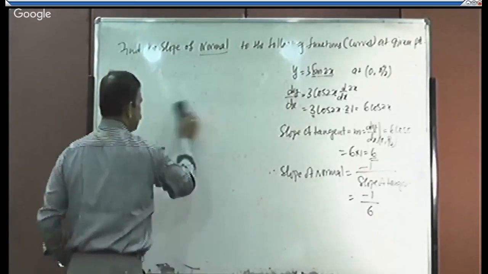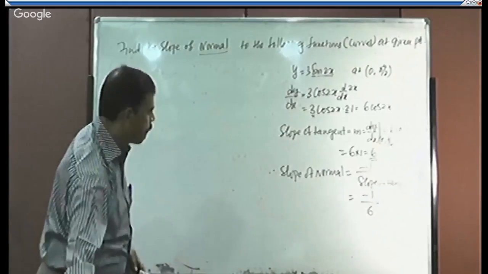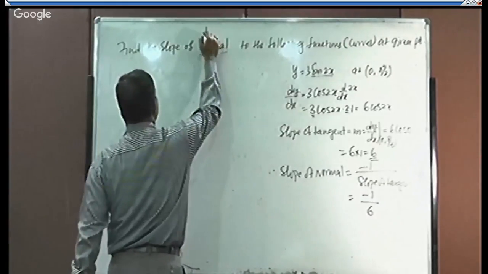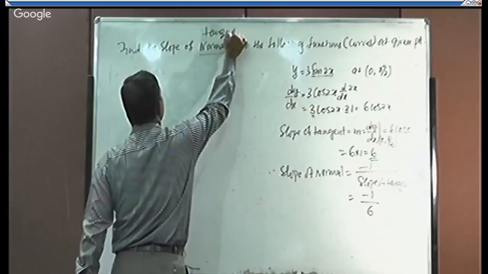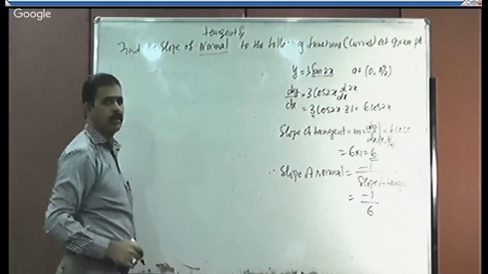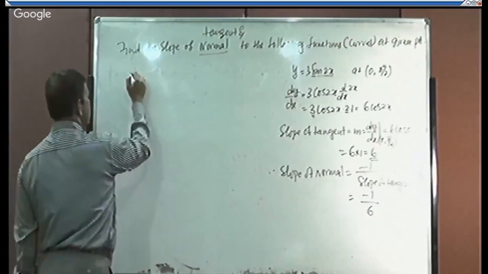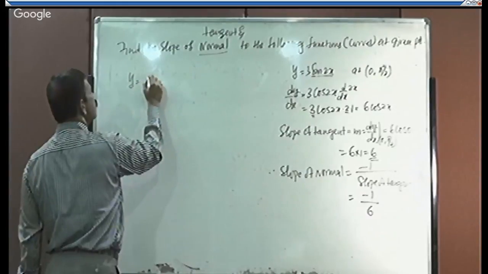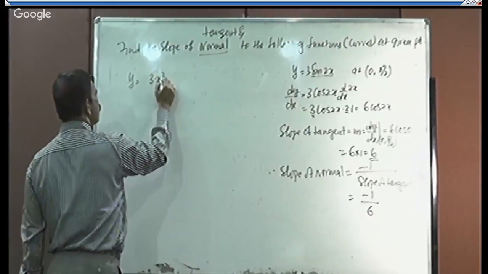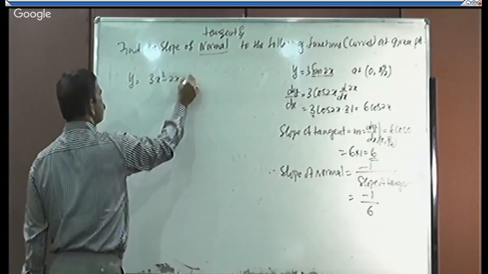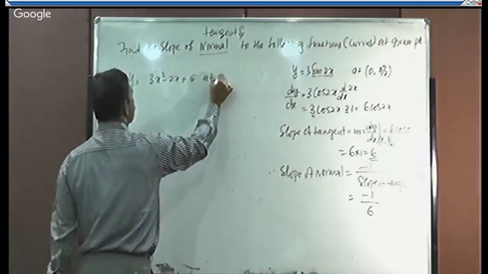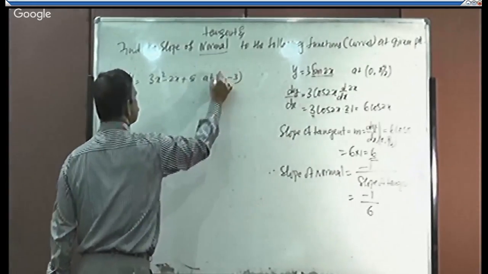Okay, let us take one problem. Find the slope of tangent and normal to the curve y is equal to 3x square minus 2x plus 5 at 1 comma minus 3.